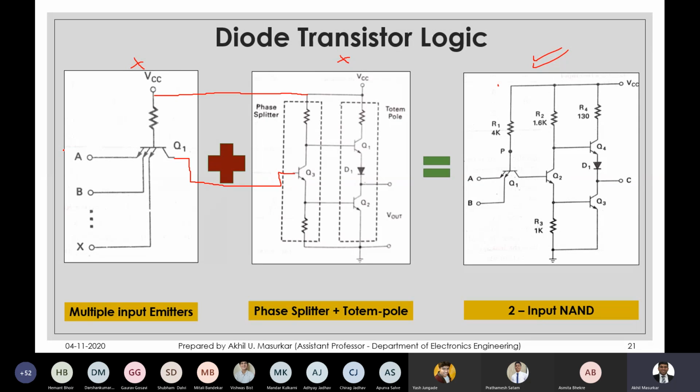So again I am just reiterating it. This is an AND gate plus, please copy this.